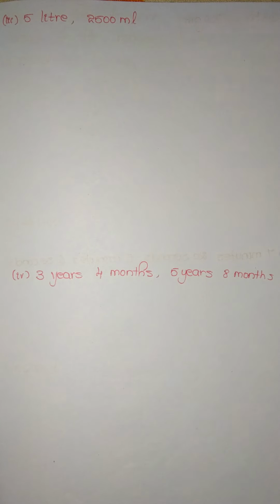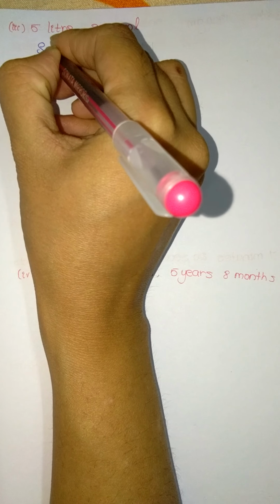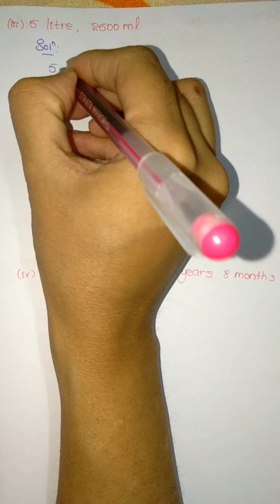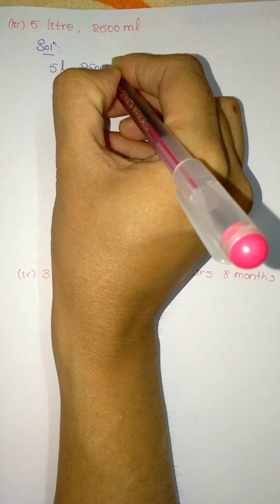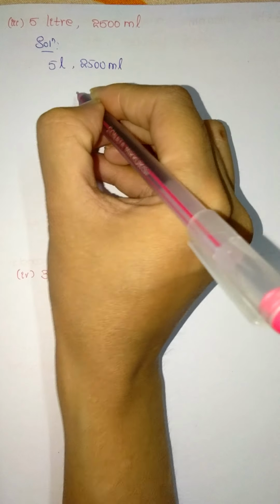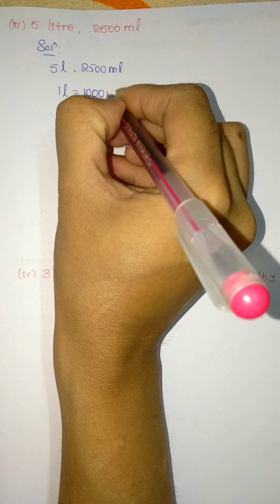Question number 3, 5 liter and 2500 milliliter. So here we have to convert 5 liter also into milliliter. So we convert both into milliliter and then solve. So here 5 liter, 2500 milliliter. So 1 liter equal to 1000 milliliter.